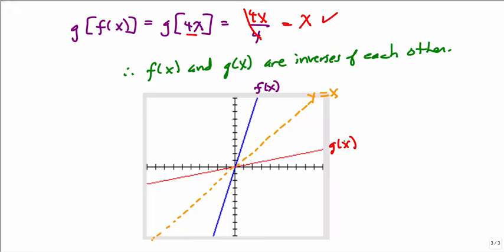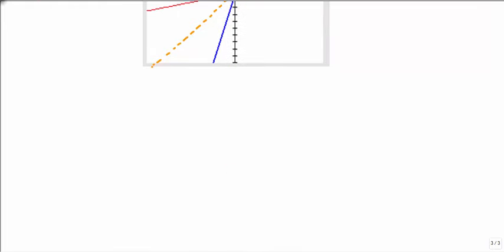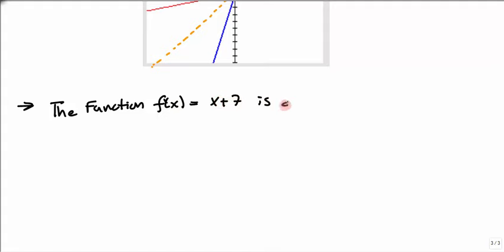Now as you get working on these, sometimes they get a little bit more difficult when they're a fraction. But again, you just have to follow step by step. Make sure you use parentheses and follow through with your order of operations carefully. Now sometimes they give us some information to start with. So for this example, they tell us the function f of x equals x plus 7 is 1 to 1.